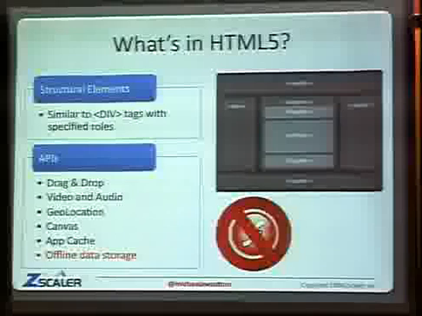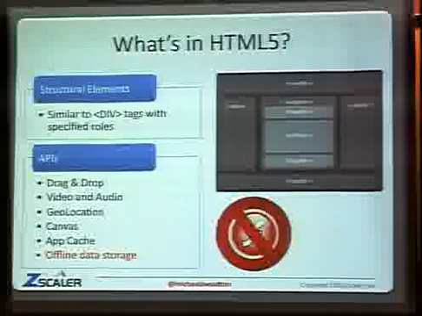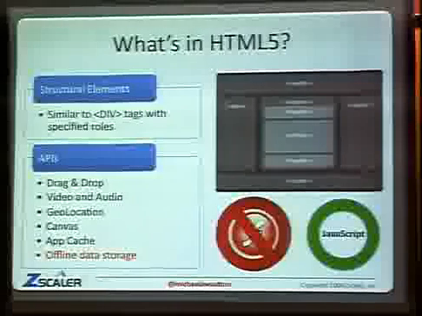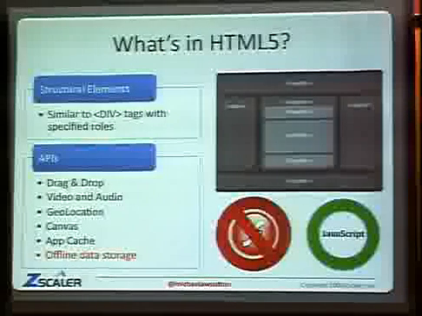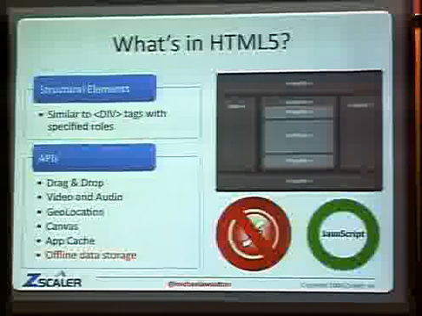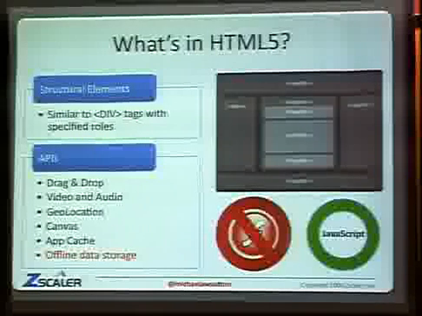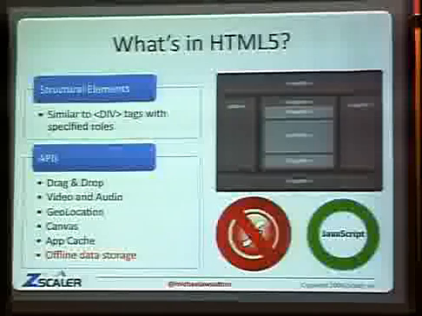Now adding a video is no different than adding an image tag. Today we have image source and we pull an image in. Now, literally, video source, you pull it in. Done. But all of these APIs are driven by JavaScript, so this really heightens the value of a cross-site scripting vulnerability, because now there's so much more that I can do.